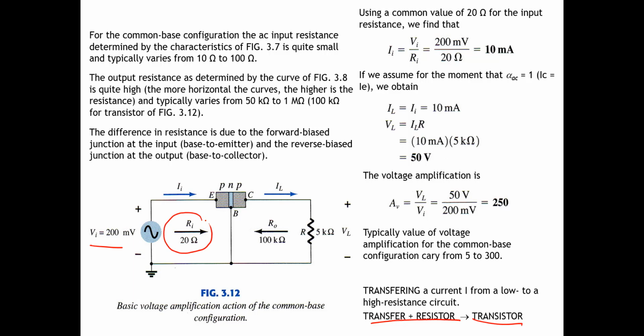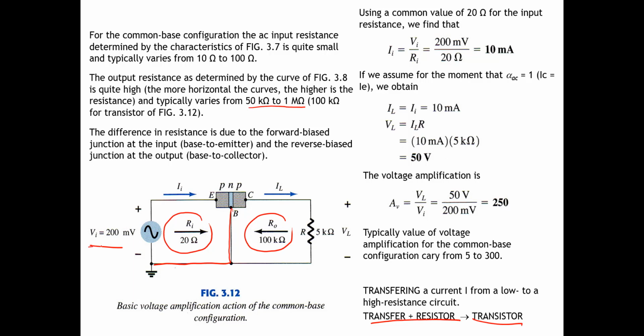We connect the transistor in common base, which means the base is connected to ground. And then we have the output resistance, typically from 50 ohms to 1 megaohm. So they choose 100 kilohms. So we can see here how to explain that the transistor can amplify the current.